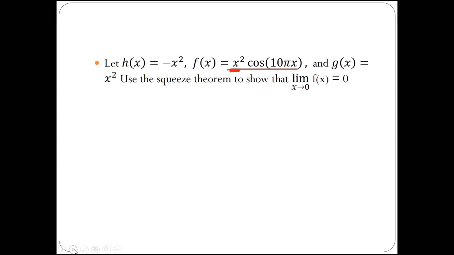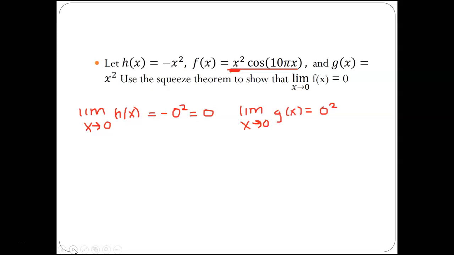So we can start by saying that the limit as x approaches 0 of h of x is equal to negative 0 squared, which is 0. We can say that the limit as x approaches 0 of g of x is equal to 0 squared, or 0.